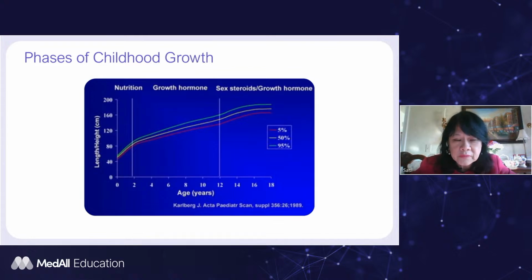The first 2 years of life are influenced by nutrition, and growth hormone starts coming into play from age 2 years, and then during adolescent years we have the combination of growth hormone and puberty hormones or sex steroids that help increase growth.